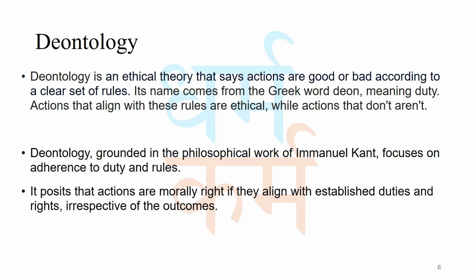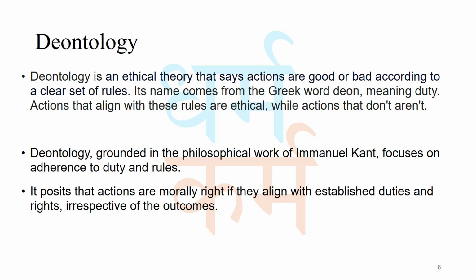Coming to the first topic of deontology, it is an ethical theory that says actions are good or bad according to a clear set of rules. Its name comes from the Greek word deon, which means duty. Actions that align with these rules are ethical, while actions that don't are not.